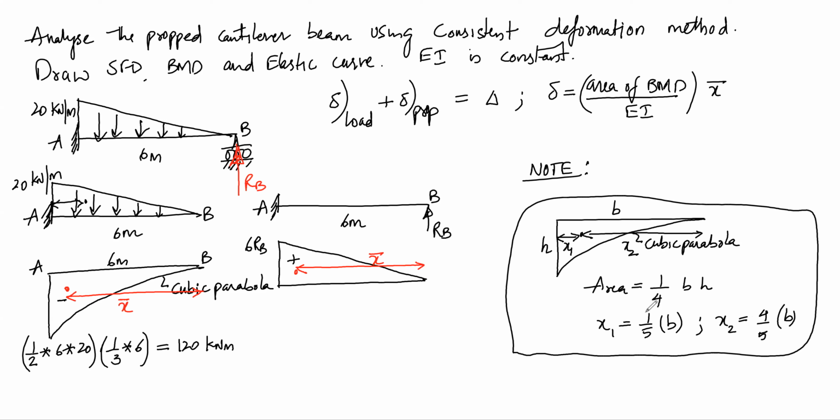So using these formulas, we can now write the consistent deformation equation for these two BMDs. So here for the first BMD, we have area of BMD as, since it is hogging BMD, it is minus 1/4 base into height.